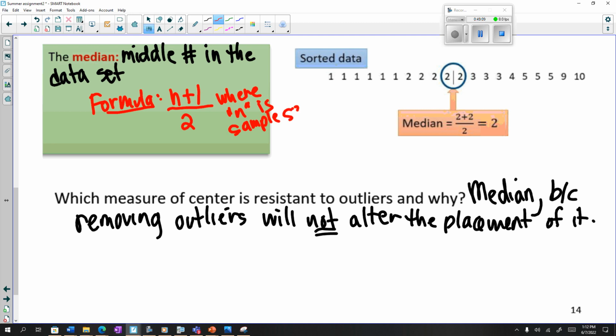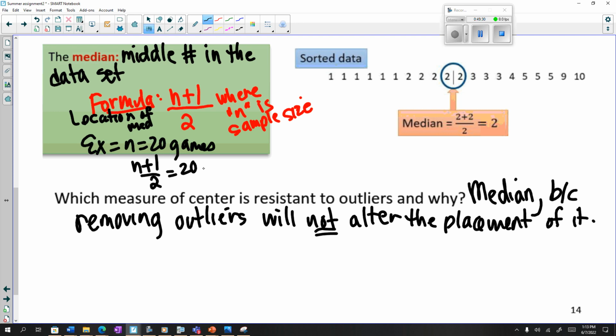So let me show you what I mean by that, okay? Above, if you remember the soccer goals, there were 20 in the sample games. So I could do n plus 1 divided by 2 to get the location of the median.